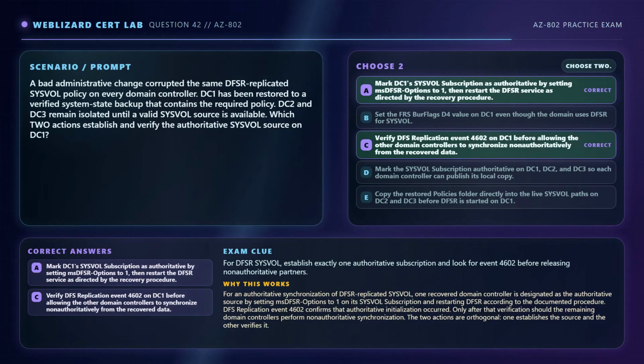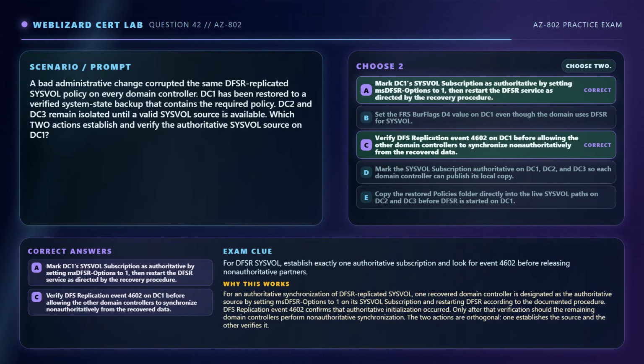recovered data. For an authoritative synchronization of DFSR replicated sysvol, one recovered domain controller is designated as the authoritative source by setting MS-DFSR options to 1 on its sysvol subscription and restarting DFSR according to the documented procedure. DFS replication event 4602 confirms that authoritative initialization occurred.